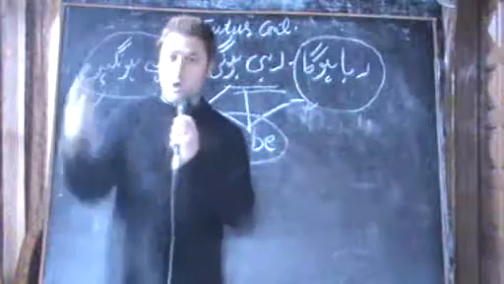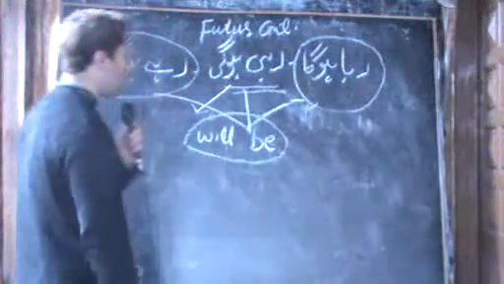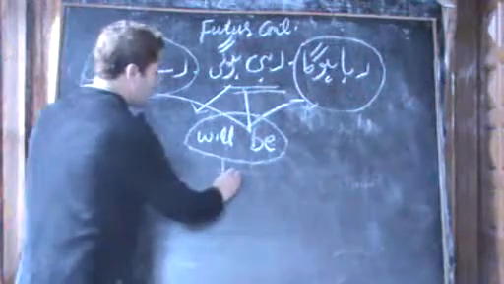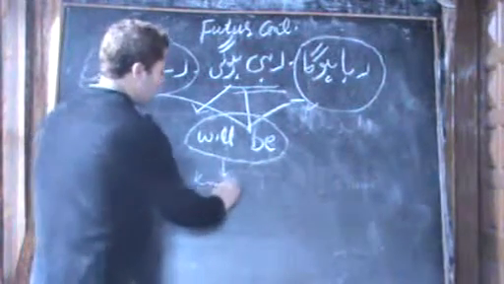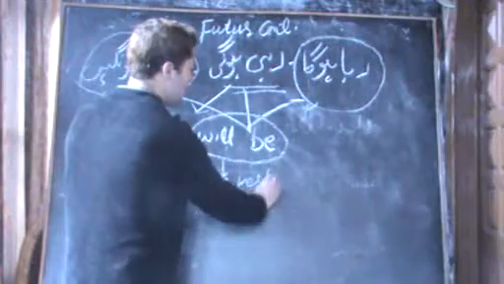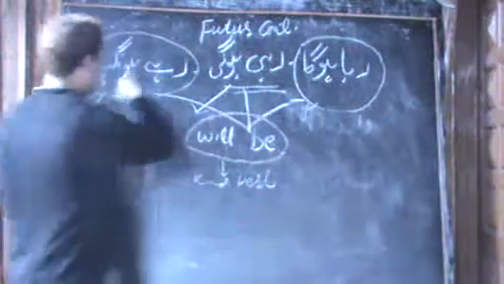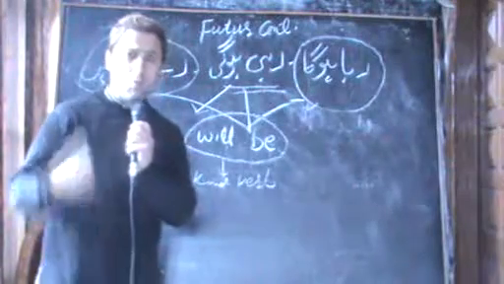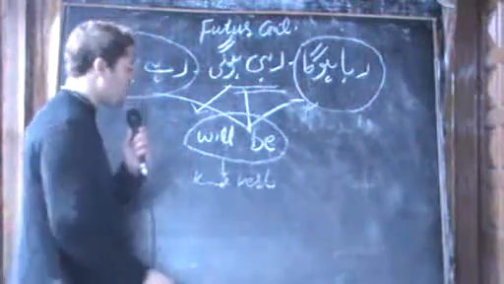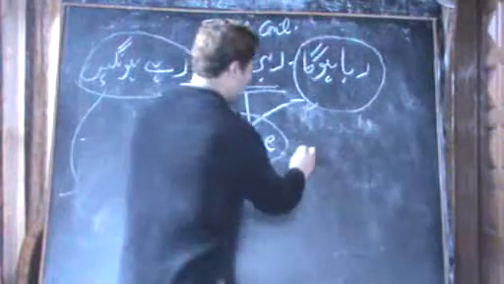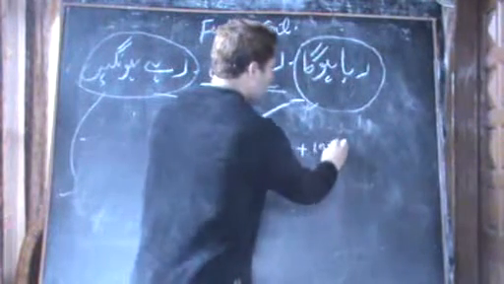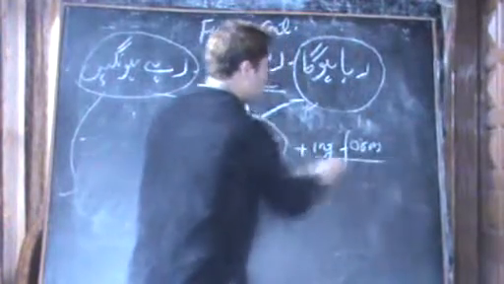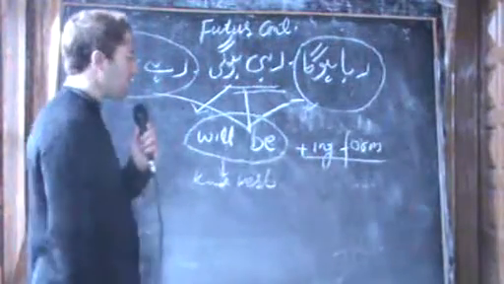So, he'll be going. Now, which kind of verb can we use? Whenever you have a sign like ga, gi, ge, in English you will always use the verb with ing. That means the first form of verb with ing, that will become the ing form.